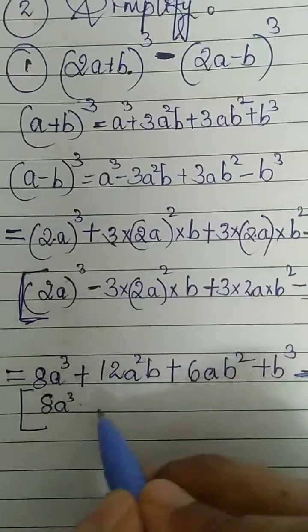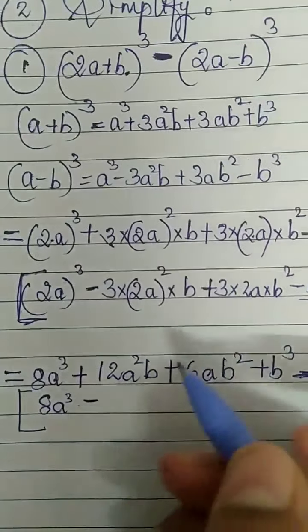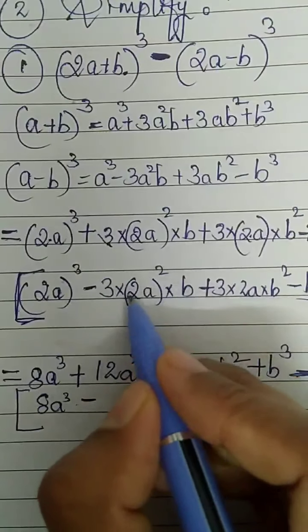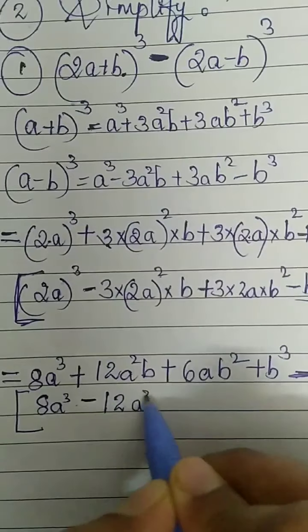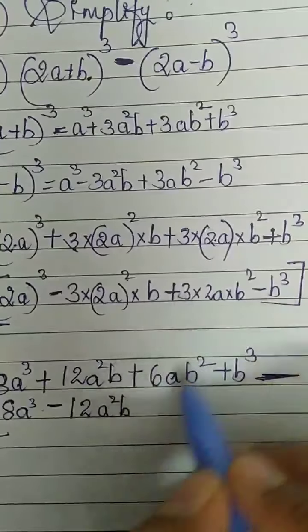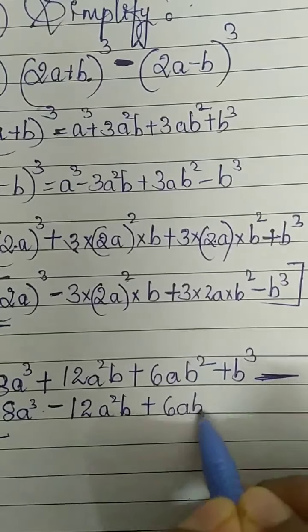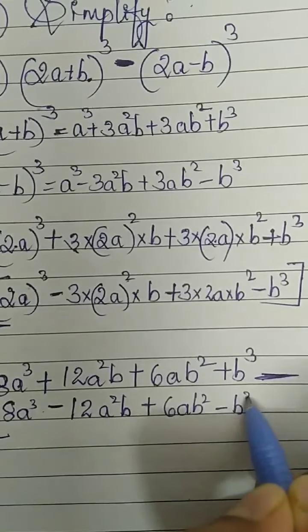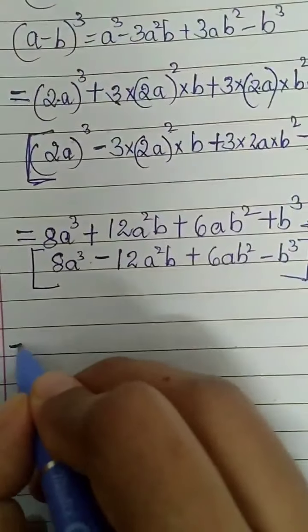Then we have minus. So now we will put the same minus sign. When you open the bracket, the sign will change. Again, 2 2s are 4, 4 3s are 12, a square b plus 3 2s are 6, ab square minus b cube. Close the bracket.